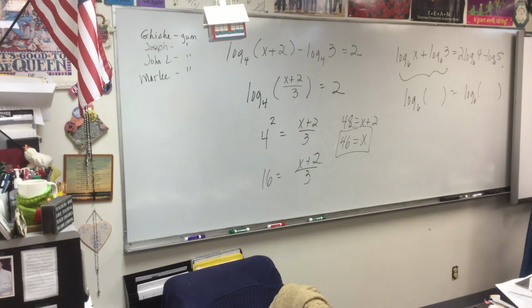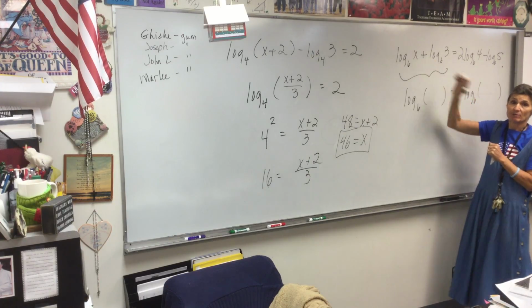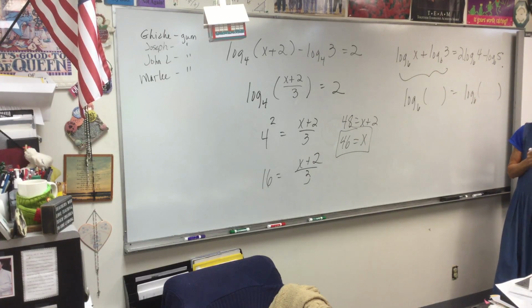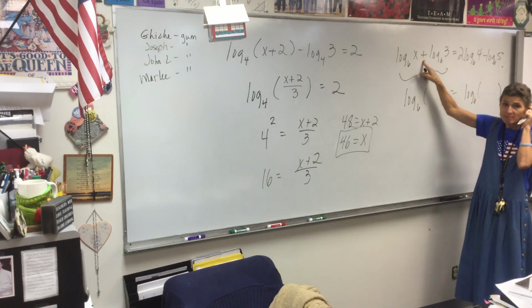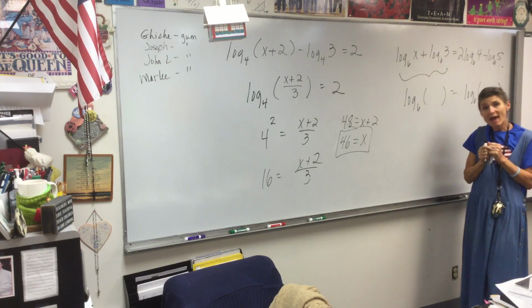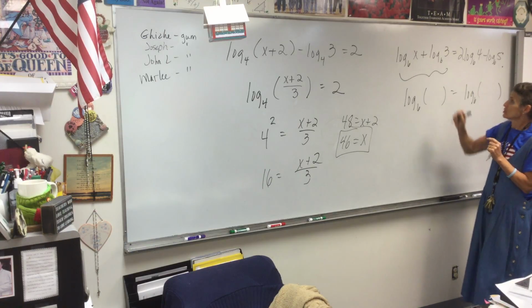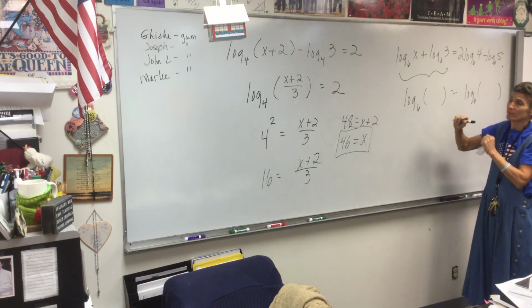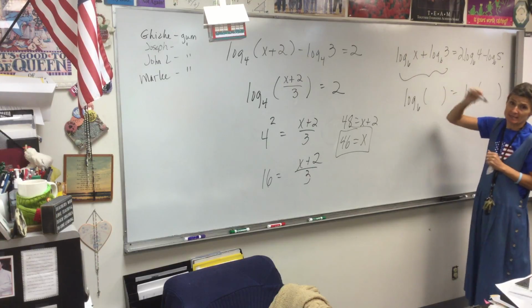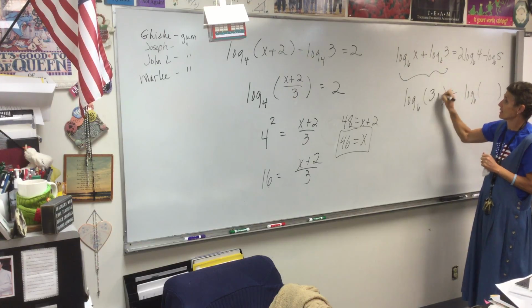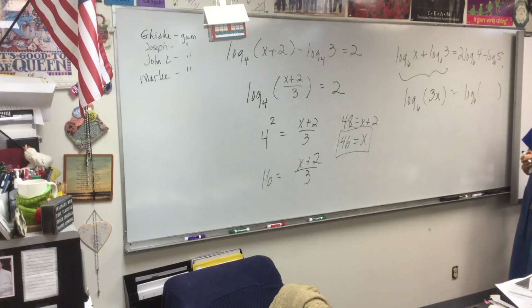Okay? Now, how are we going to put these together? Not as a division. Did you notice that's a plus sign? When logarithms are added, the numbers are multiplied. So if I'm going to put these two together, that's not going to go together as an x divided by 3. It's going to go together as an x times 3.